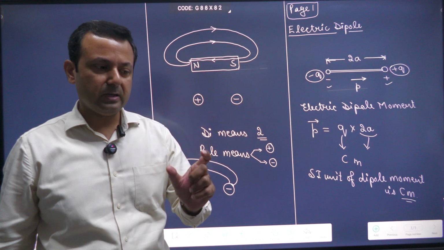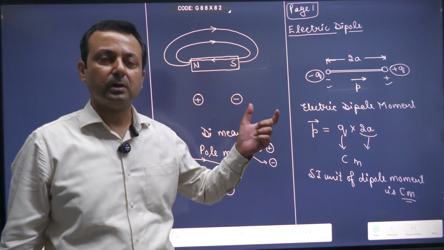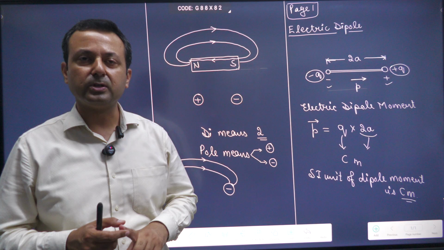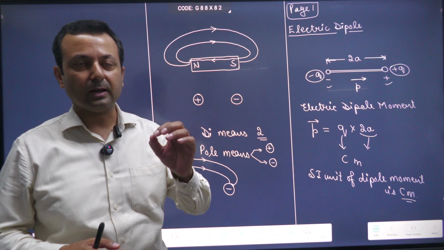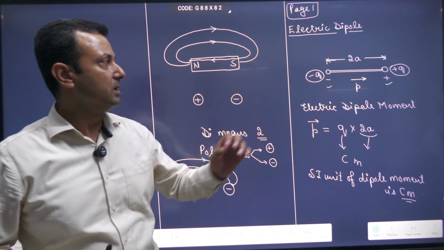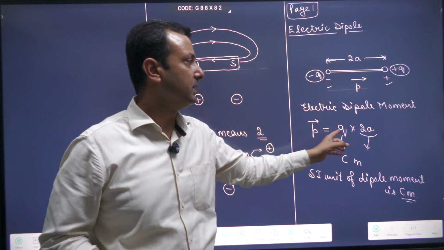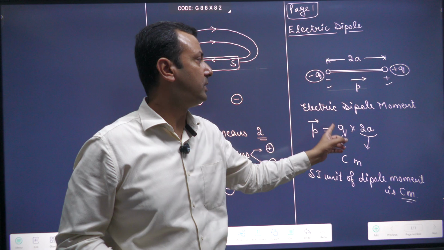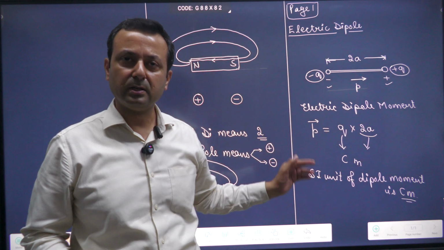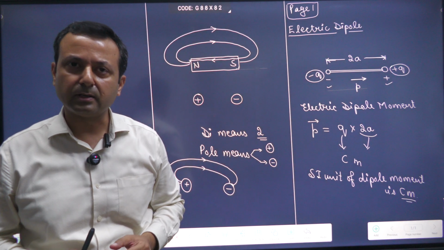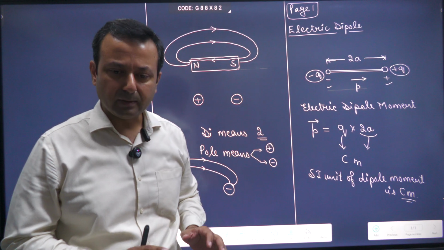From this electric dipole we come across a new term which is called electric dipole moment. Electric dipole moment is calculated by multiplying either of these two charges, q, into the distance between these two charges. Is it clear?